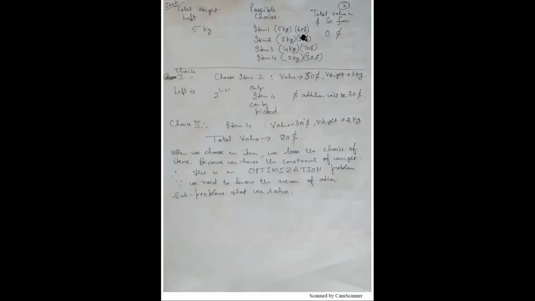If you select item 1, it will weigh 5 kg, and it will give a value of $60. Item 2 is 3 kg and $50, and so on. To start with, what is the value available? The value available is $0 because no item is put in the knapsack. The weight we can put is 5 kg. That's the meaning of what I have written here. These are the initial conditions, you can say.